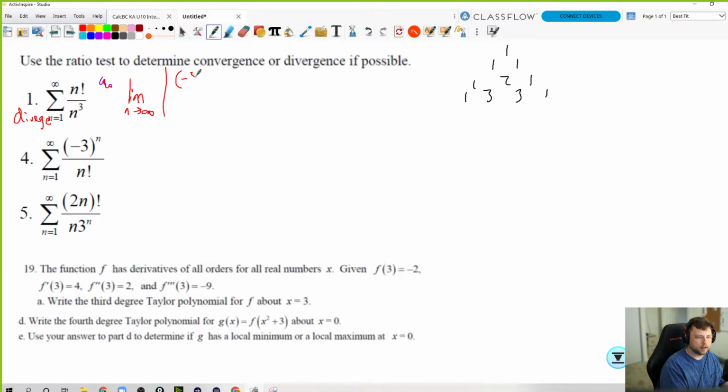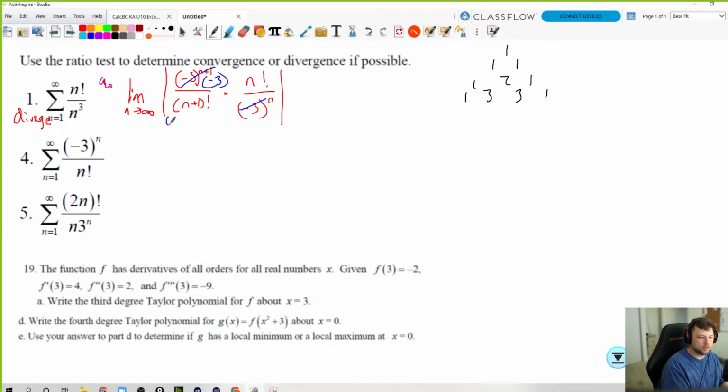So it's going to be negative 3 to the n plus 1 over n plus 1 factorial times the reciprocal of this, so n factorial over negative 3 to the n. All right, so expanding, okay, I can cancel out. I have an extra negative 3 up here, so I'm actually going to cancel this out with this, but just leave another negative 3. This is like one extra.